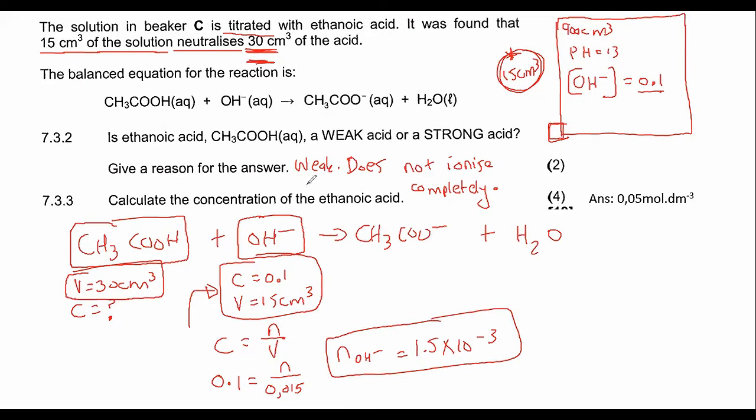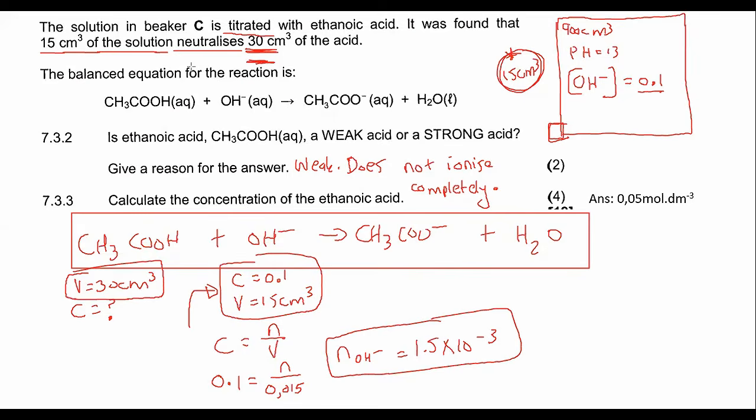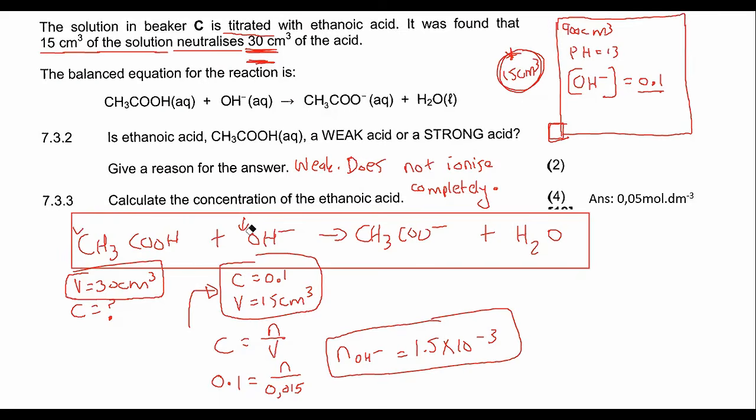Then what I do is I look at this reaction that's taking place. And I look at the ratio between the OH minus and the CH3COOH. And I see that that ratio is 1 to 1. Okay, it's a 1-to-1 ratio. And so that means that the moles of CH3COOH is also going to be this amount over here.